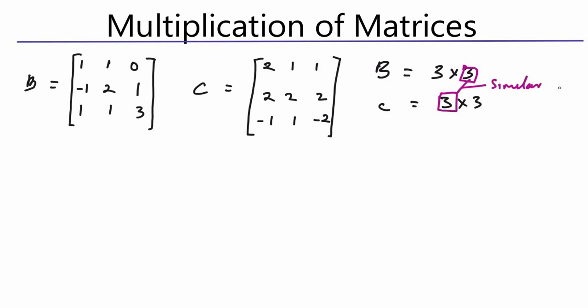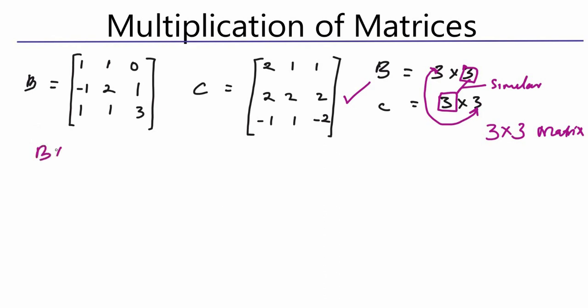Now, because they are similar, these two matrices can be multiplied together, and the solution is going to be a 3 by 3 because we are checking the number of rows in the first matrix by the number of columns in the second matrix. So this is going to be a 3 by 3 matrix, the solution of B multiplied by C.